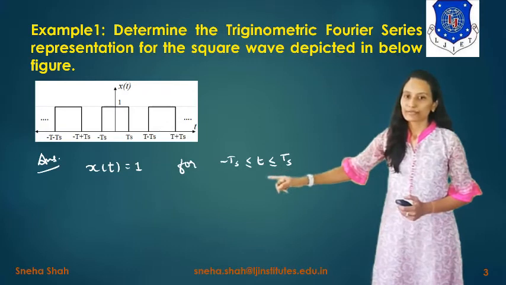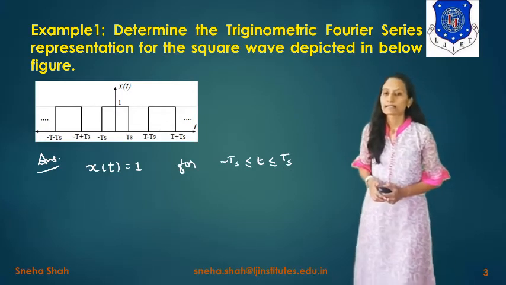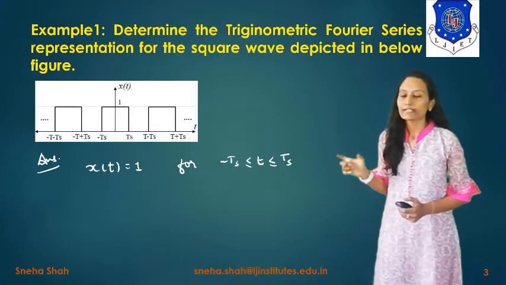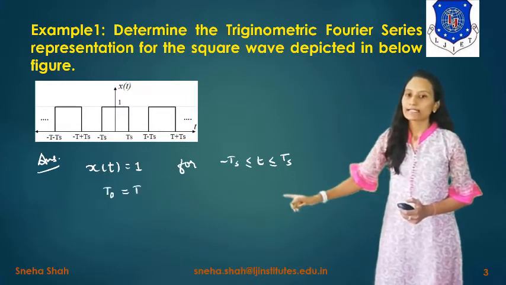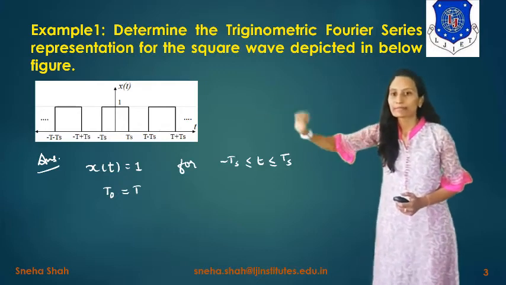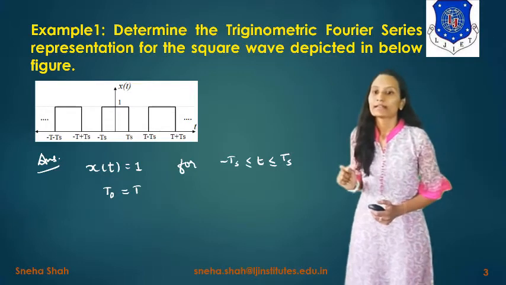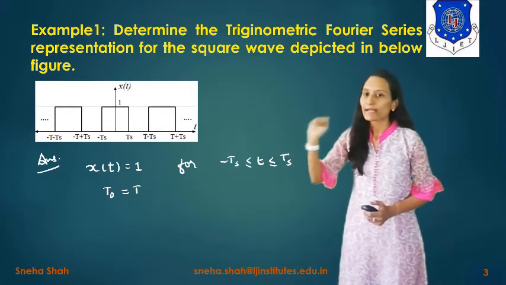x of t equals 1 for t in between minus Ts to Ts, and the fundamental duration t0 will be considered as T. Why? Because you can see that this pattern repeats after T seconds. If we consider the middle square, it starts with minus Ts.